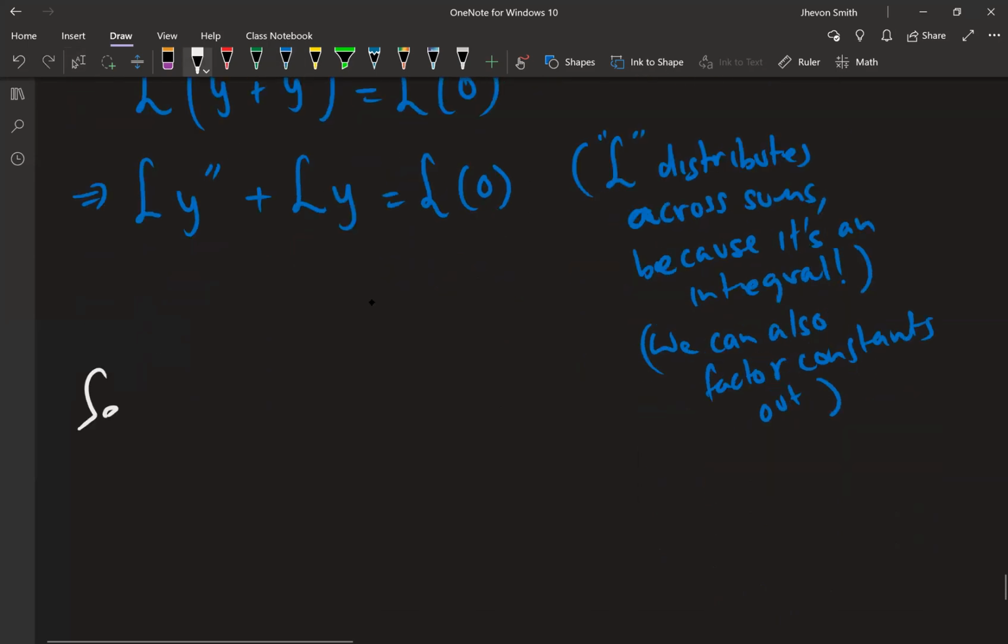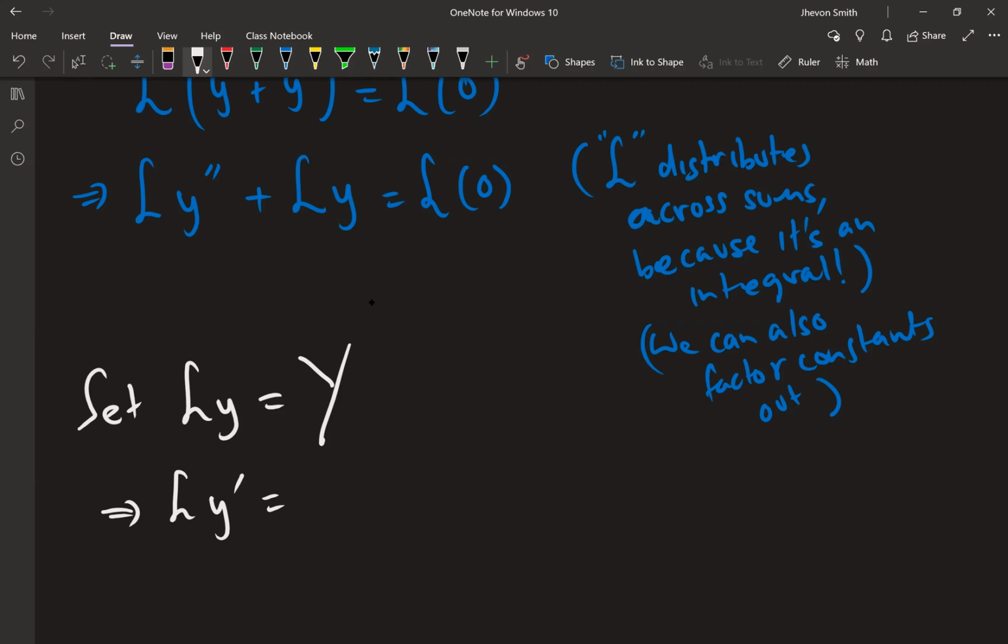You're going to set the Laplace transform of y, call it something else. Some people call it big L. I will call it big Y. Now you can rewrite the Laplace transforms of everyone else. I need to find the Laplace transforms of all the derivatives.